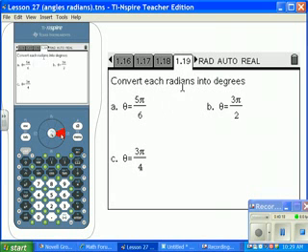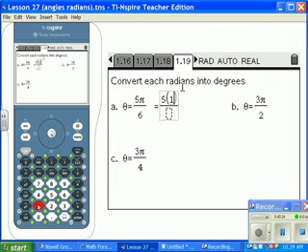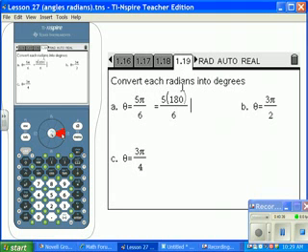Okay. What's pi equal? 180. Yeah. So, isn't this just the same thing as this? So couldn't I figure out what that value is? How? Put in your calculator.